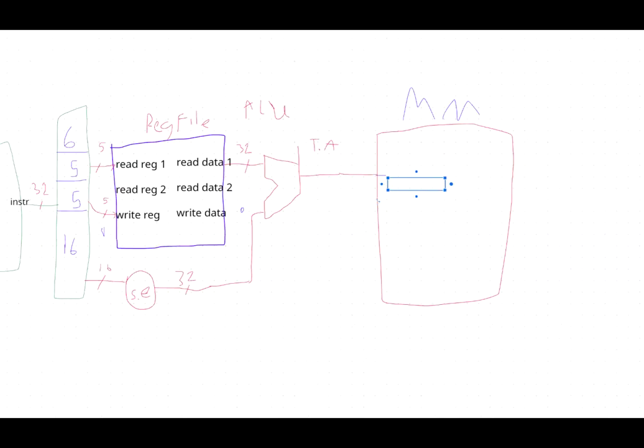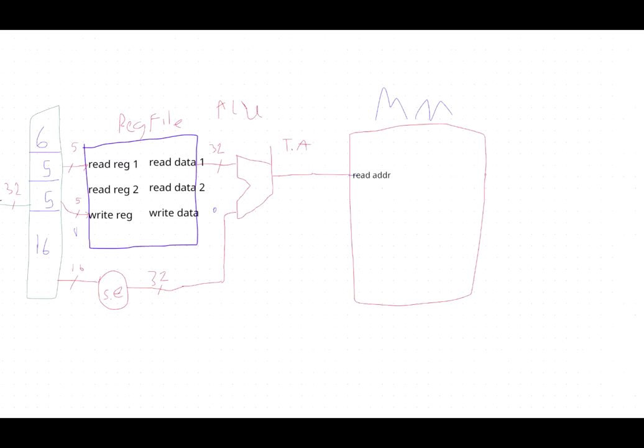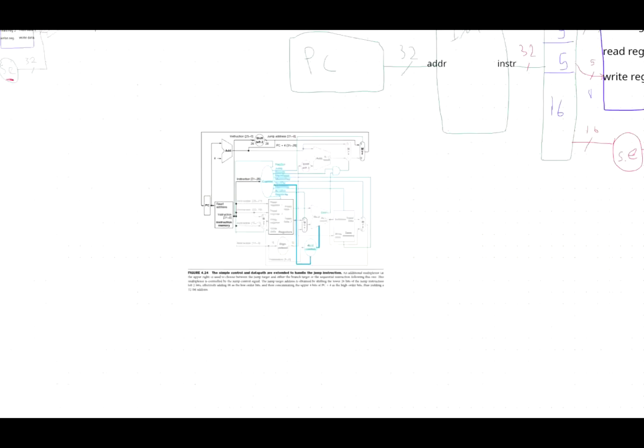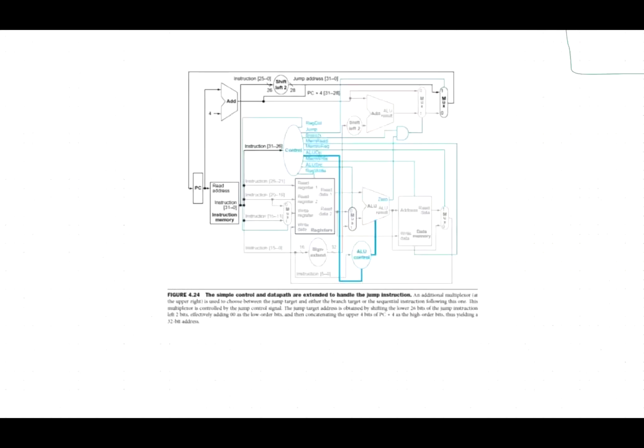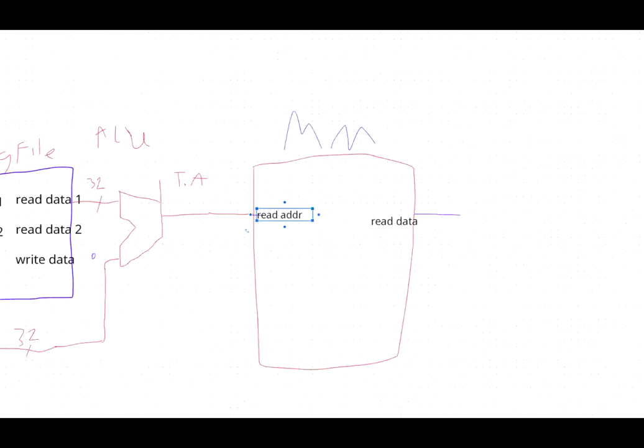You could probably just write address or read address to get that idea across. We have the address now, and then for the output here, we want the value in there. So I think this would just be read data. Let me double check the diagram we have here. Yeah, exactly, read data. The diagram also just has address here, so to be consistent, I'm just going to write address.